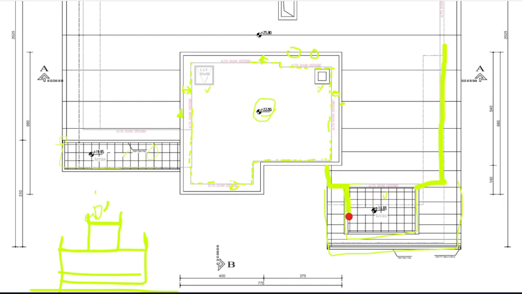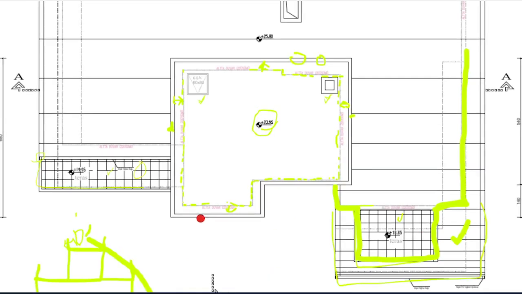People will be able to use this part efficiently. But this part you will not be able to use sufficiently because it is creating a slope like that. This is a specific critical part that you need to know.